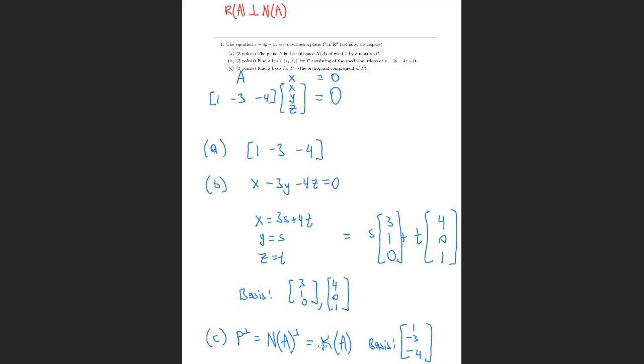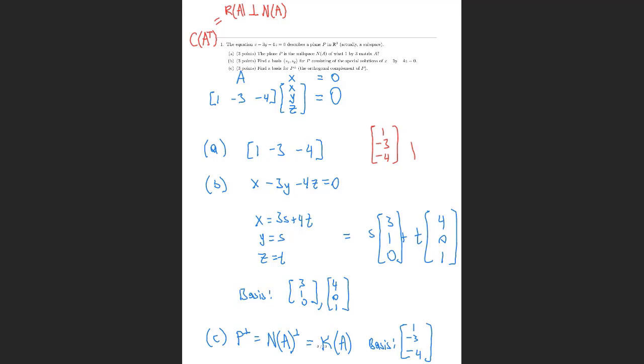Now, the row space is technically the column space of A transpose. So if I were to transpose this matrix A and look at its column space, its transpose is just one column. This one column vector would have been a basis for the column space of A transpose.